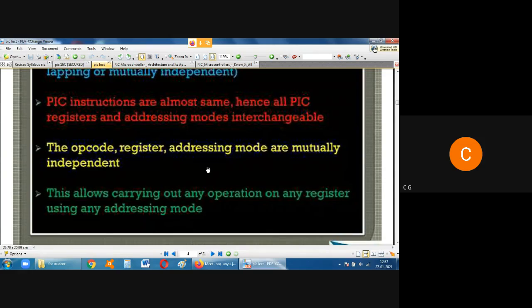So you understand that when you are writing a program, you must know the flowchart, you must know the algorithm, and then you know what machine code you are using, what are the addresses, what are the data, and what are the instructions you are using, and how you have to put it. So in this case, the opcode and register addressing modes are mutually independent. As you go with the advancement, the machine code is changing.